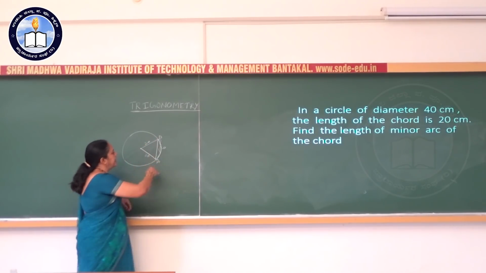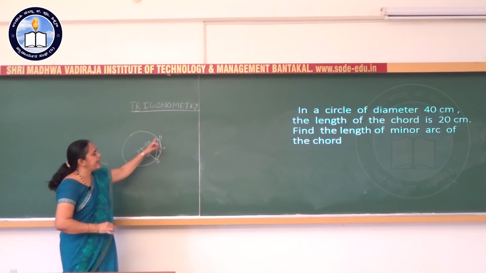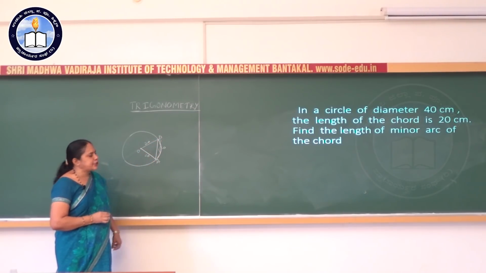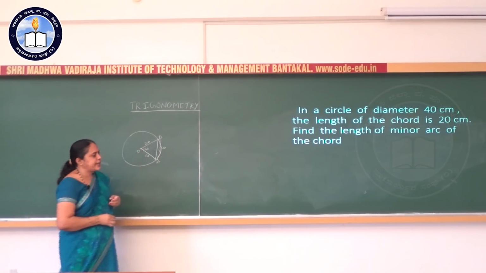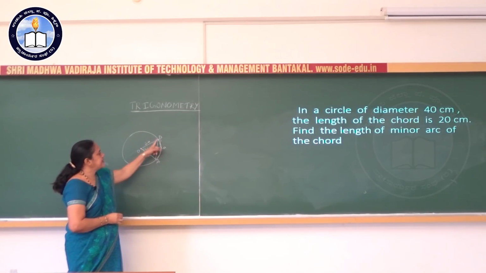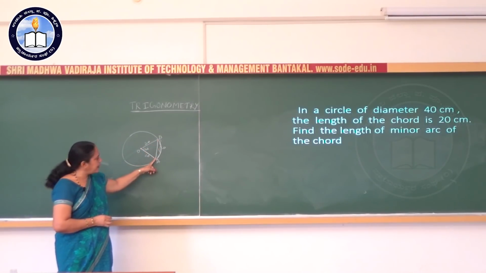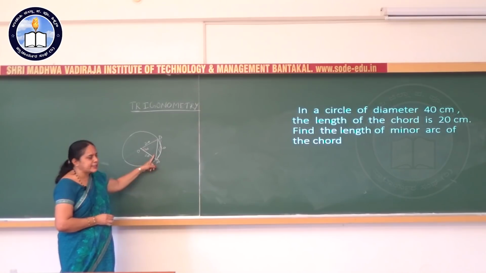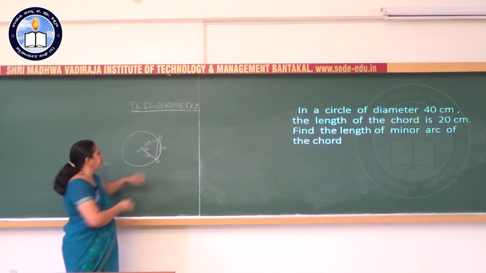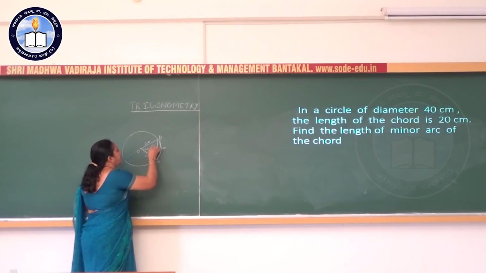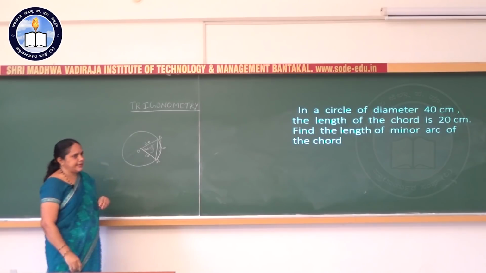So definitely the triangle OAB is an equilateral triangle. So this angle is 60 degrees. Since the lengths of the three sides of the triangle are equal, it is an equilateral triangle. So all angles are equal to 60 degrees. So central angle is equal to 60 degrees or pi by 3 radian.